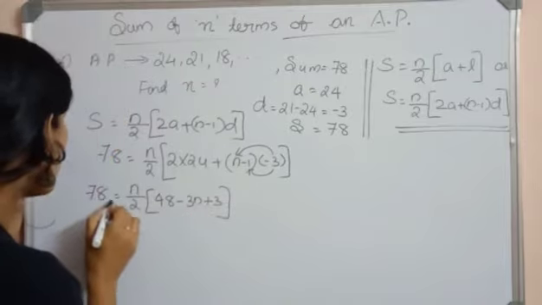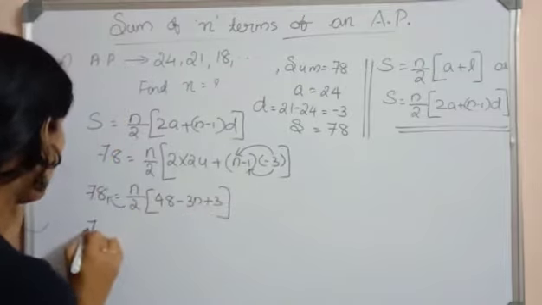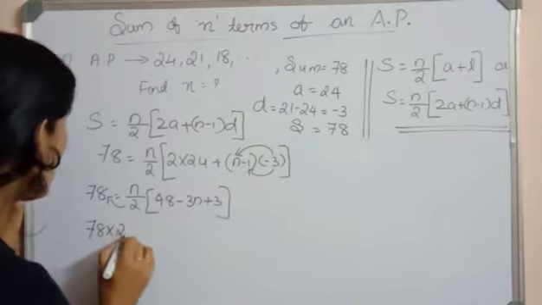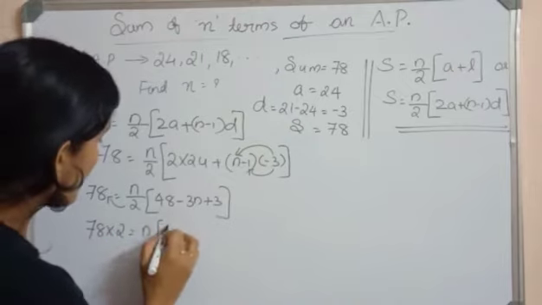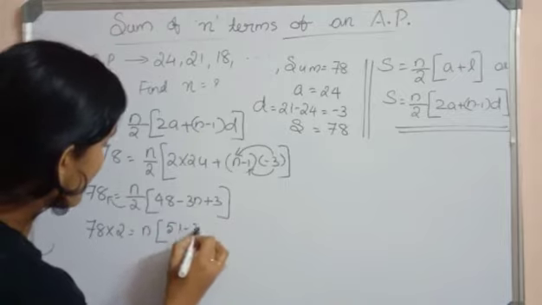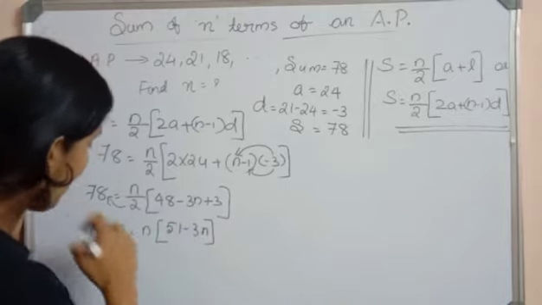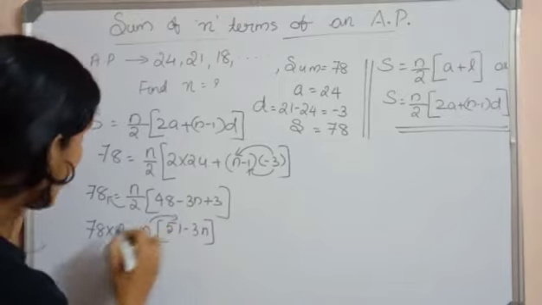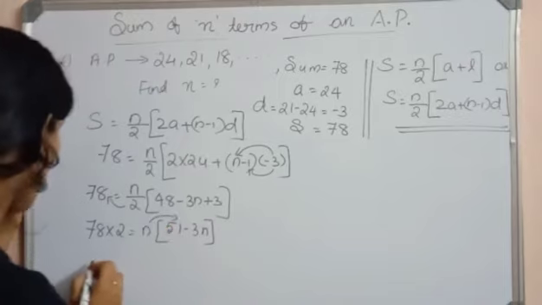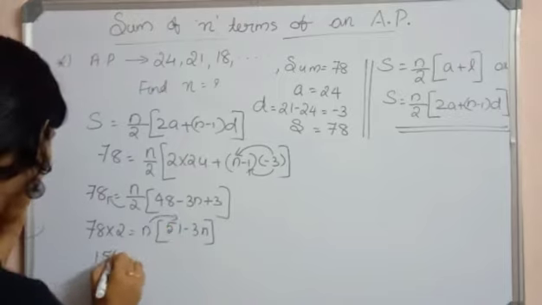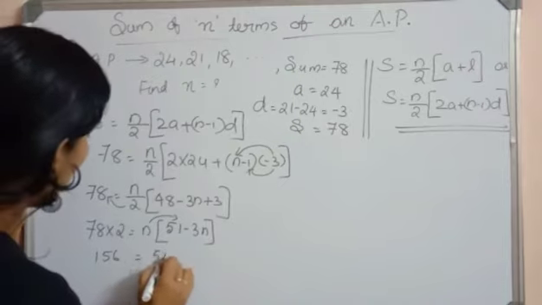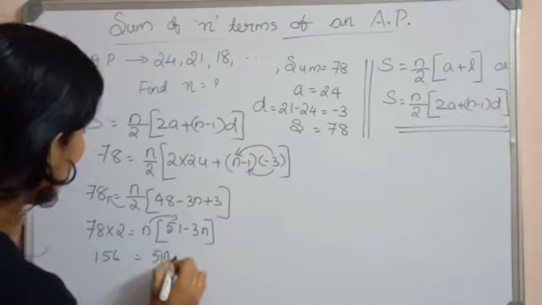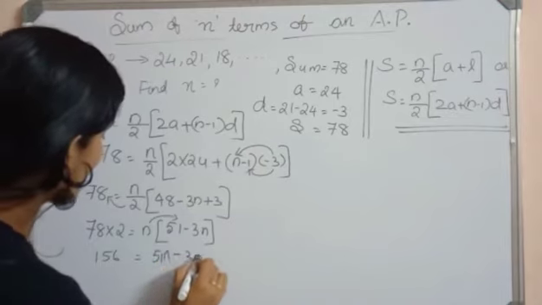So now you cross multiply 2 to this side. This will be 78 into 2 is equal to n into 48 plus 3 is 51 minus 3n. Multiply n inside, and you will get 156 is equal to 51n minus 3n square.